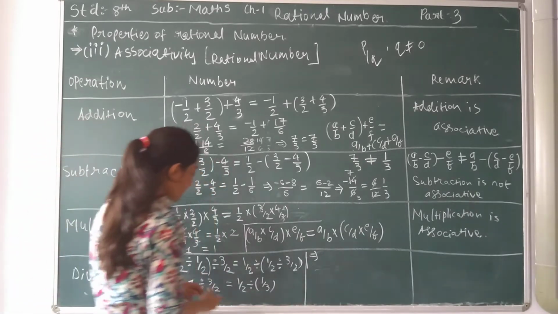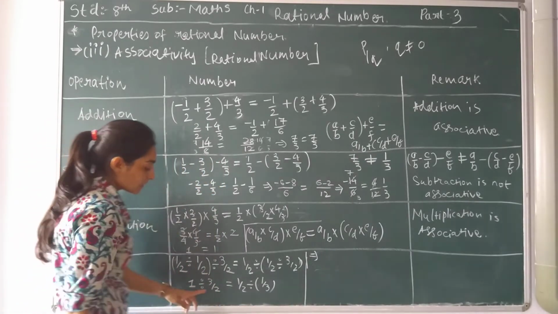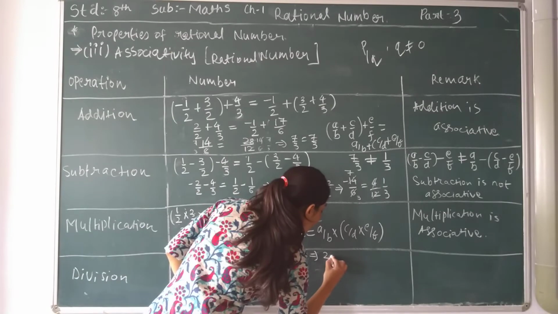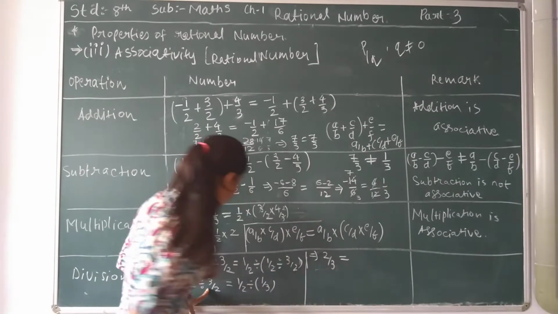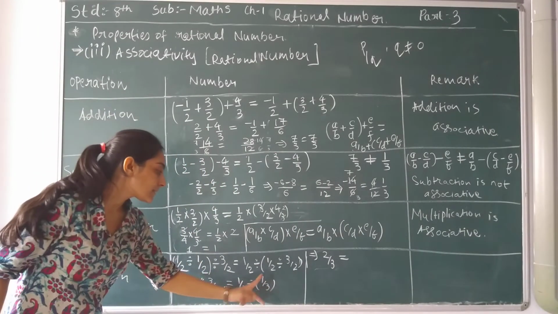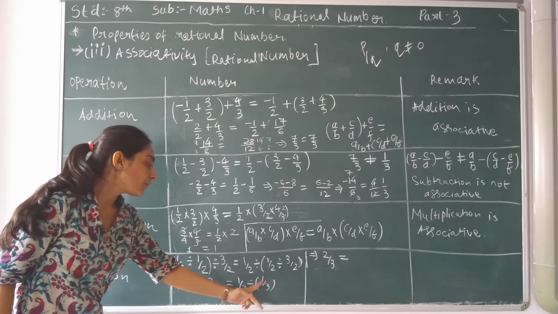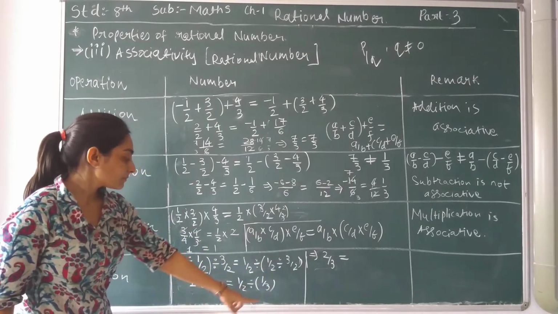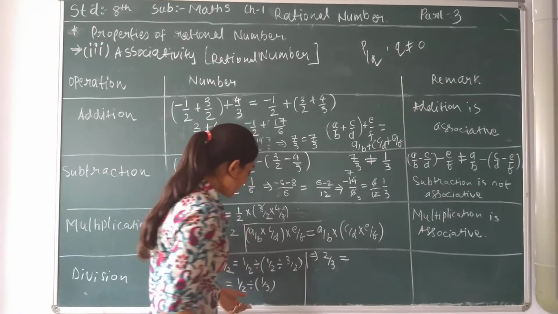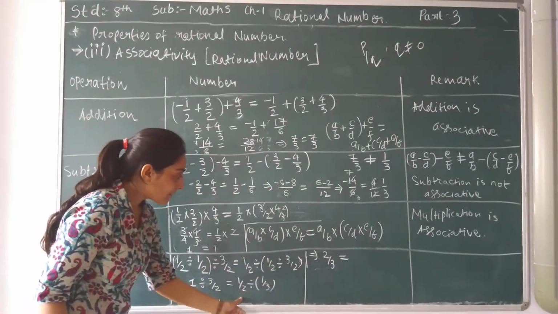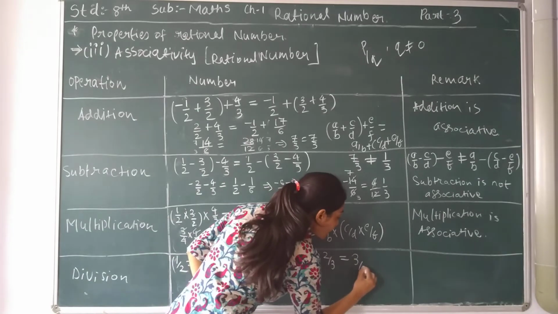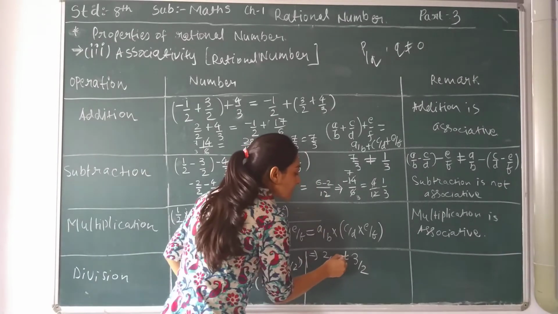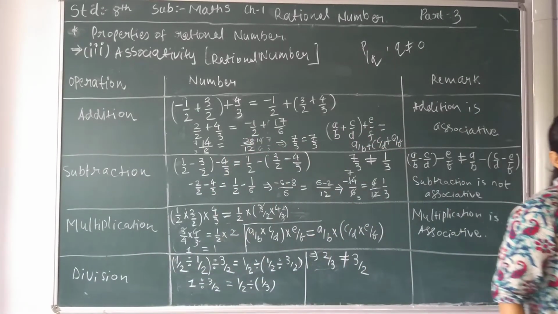So we can take the reciprocal. So 2/3 in reciprocal form, 3 comes into the numerator. So what is left over here is 3/2. The answer is not the same. See, I am skipping some steps.